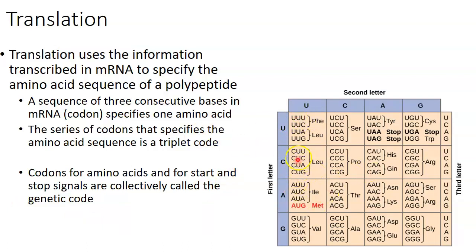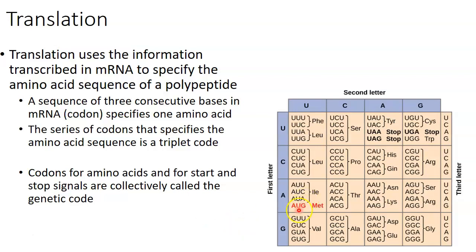So these are the 3 bases in the mRNA and what they code for, which amino acid they code for. Okay, so when you hear codon, this is 3 bases in the mRNA. The mRNA gets read 3 bases at a time, a codon at a time. And each codon specifies an amino acid. Remember the redundancy of the genetic code, okay? And remember that there are stop and start codons.